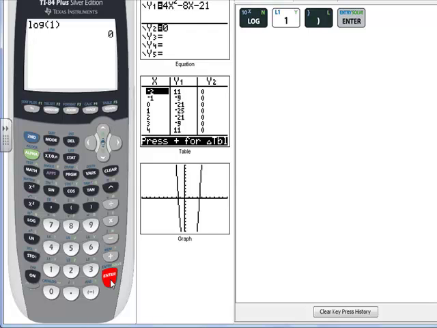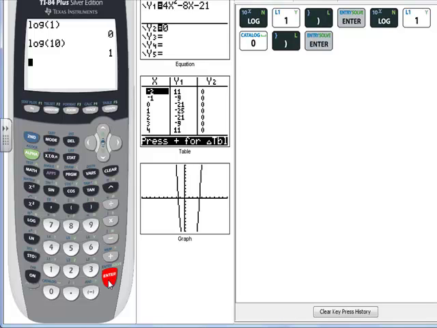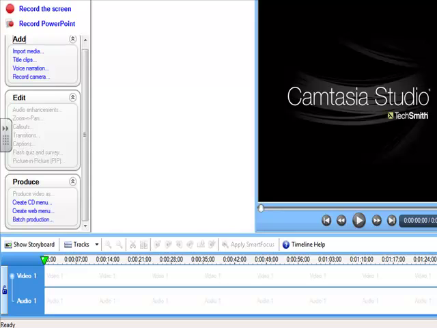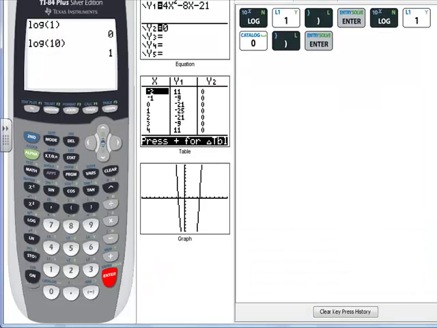Once again, this is only showing me base 10. If I wanted to replicate the second thing, where the base and the number next to the log are the same, I would hit log. Remembering the base is 10, it doesn't come on my screen, but I'm going to put a 10 here. And sure enough, when I hit enter, I get a 1. So it's a way to get your calculator to help you remember these pieces of information.